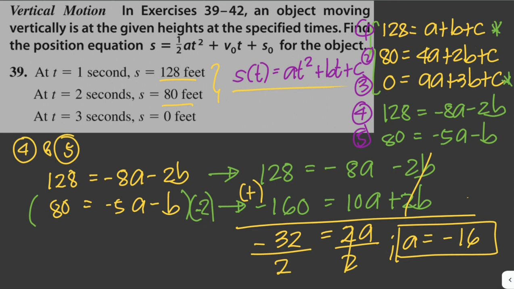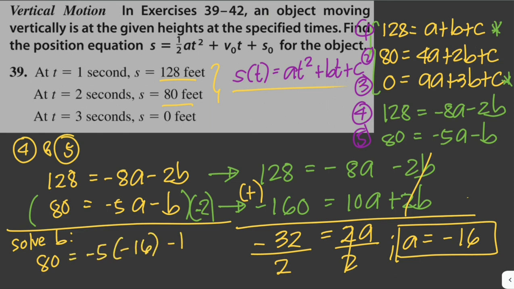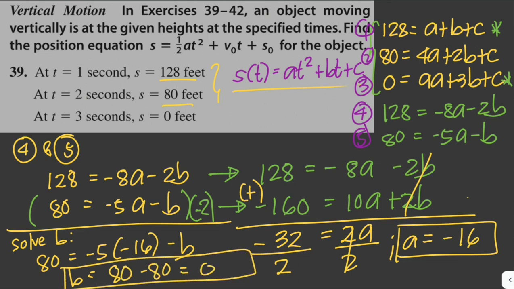We can use the fifth equation: 80 equals negative 5 times negative 16 minus b. So negative 5 times negative 16 is 80. 80 minus 80 is equal to 0. Therefore, the value of b is equal to 0.